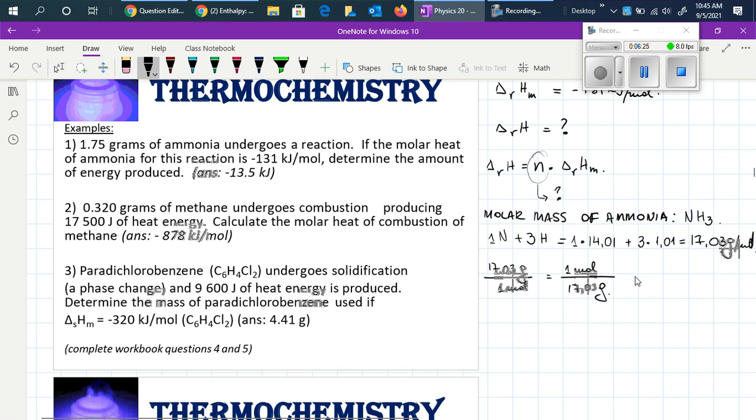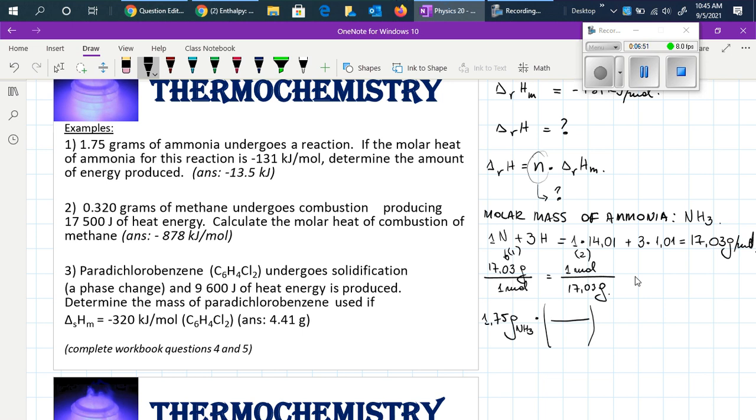Now, in order to convert this into moles, we start with what is given: 1.75 grams of ammonia times, and then you think, what is the ratio that you have to multiply by to cancel the given units, the units of grams? And the answer is ratio 2. Why?